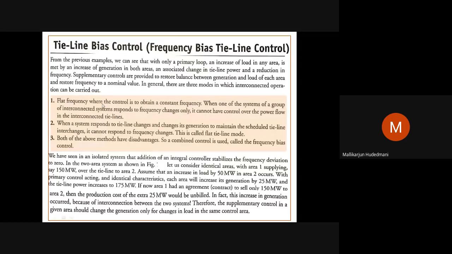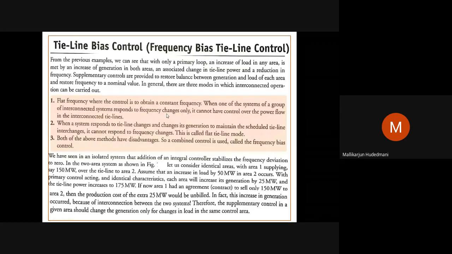This is one method. The other method is when a system responds to tie line changes and changes its generation to maintain the scheduled tie line interchange; it cannot respond to the frequency change. This is called flat tie line mode. This is flat frequency mode. This is flat tie line mode. Here the difference is exactly opposite to what we discussed in the first parameter. Here frequency is not observed.